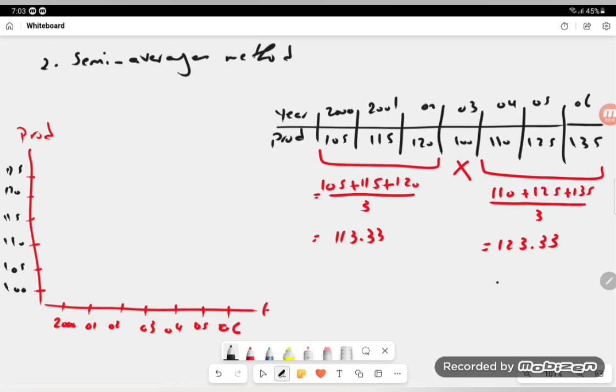The value of 113 will be in the middle of the 3 years.